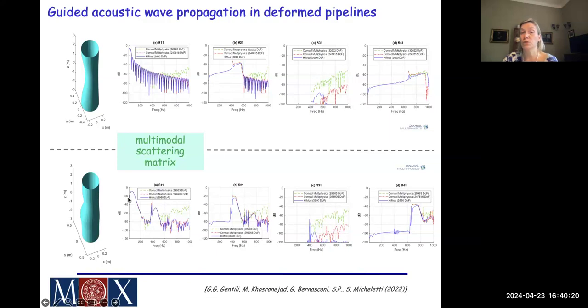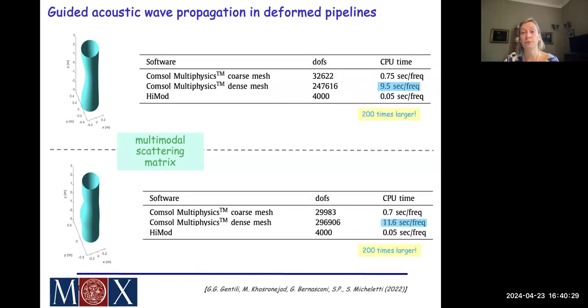So the good news is that the first two and the last coefficients are correctly tracked by the high mode approximation, and we are able to recover the trend provided by the full solution with a CPU time which is about 200 times smaller compared with the full approximation. So high mode is able to considerably reduce such a time.